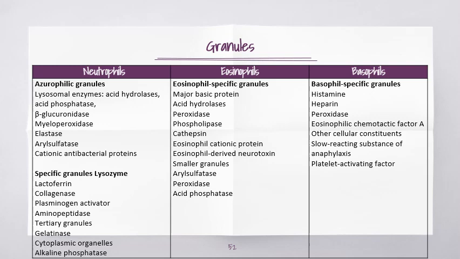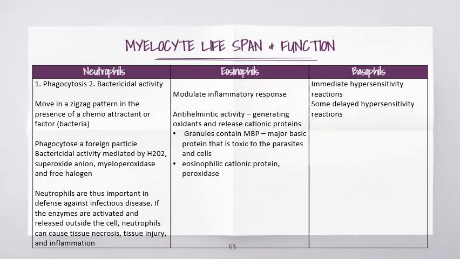I'd like to point out the neutrophil, again, I mentioned azurophilic granules, and the specific granules, lysozyme, are the neutrophil specific granules. Okay. So function. What's the function of your neutrophil? Again, they are mostly bactericidal. They have a bactericidal activity, and they help in the phagocytosis.